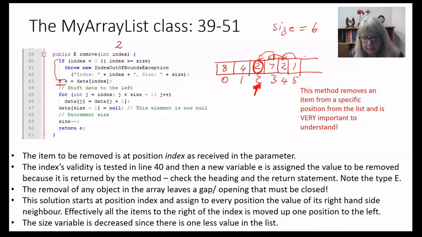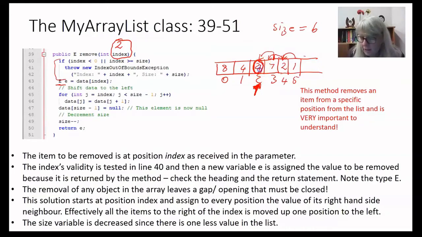Line 43. I create a variable of type E. I call it E just for the fun of it. I could call it item to be deleted, but that would be too long to type. And I store the data of index. What is index? Index is the variable, let's say 2. So unfortunately my example has a 2 there at position 2, which makes it a bit confusing.